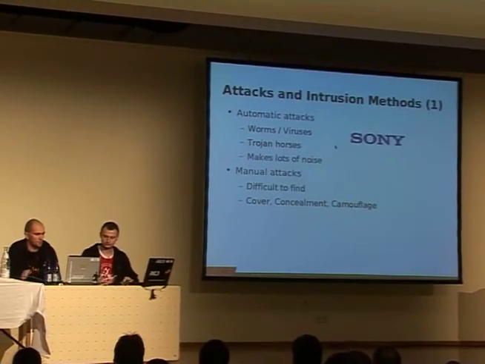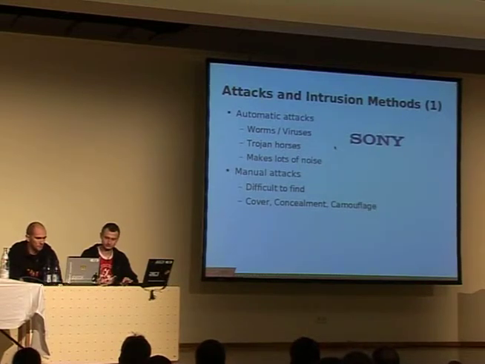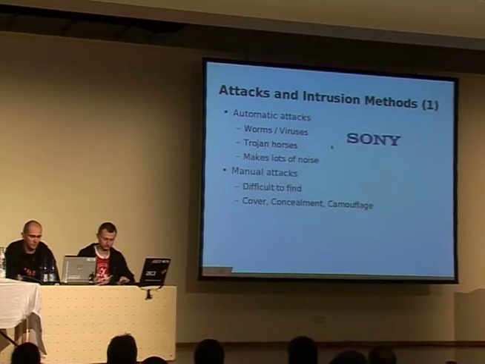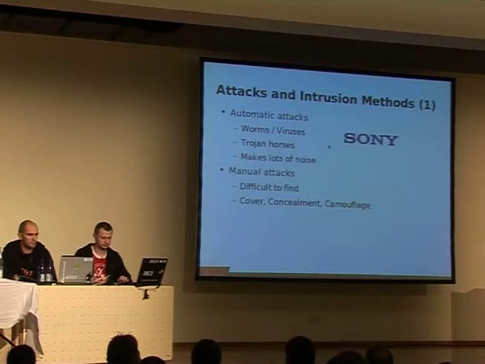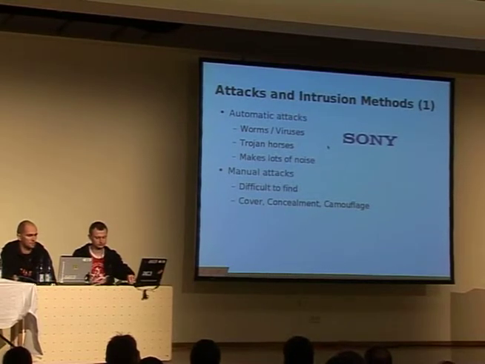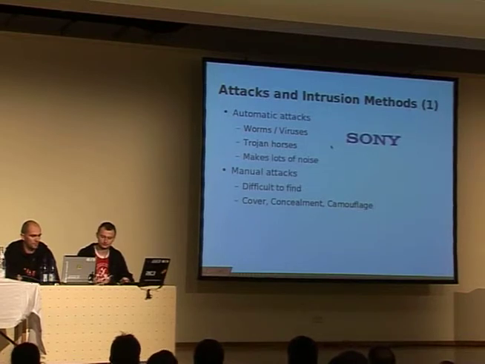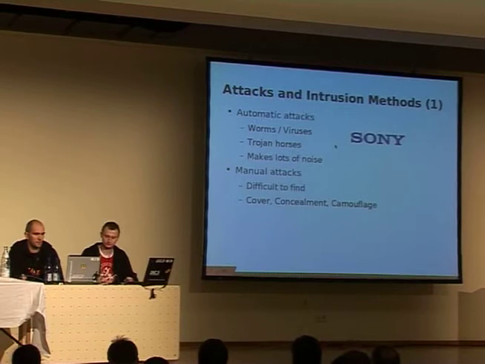So starting with attacks or intrusion methods, well, we have to categorize them a bit. The first class, anyone using Internet Explorer or Outlook will be very familiar with. Those are worms, viruses you might read about from time to time, or Trojans. For IDS systems, they are quite easily detectable because they make a lot of noise.